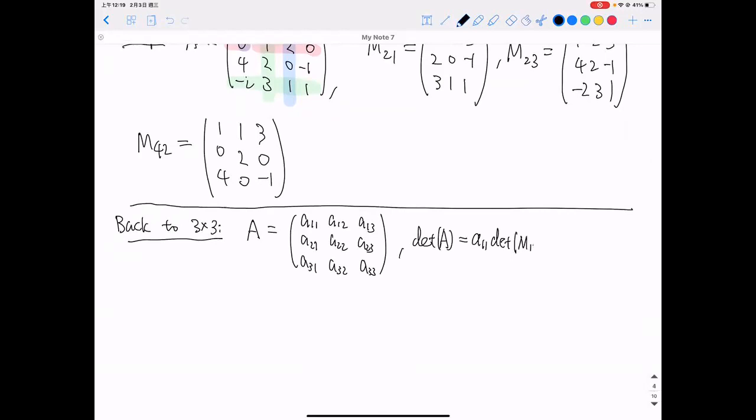So that's exactly what we call M11, minus a12 times the determinant of M12, right? Again, this is obtained by deleting the column and row containing a12, and plus a13 times the determinant of M13.